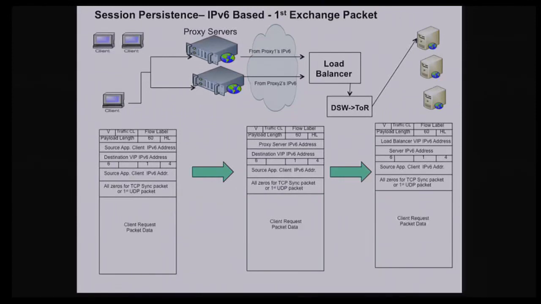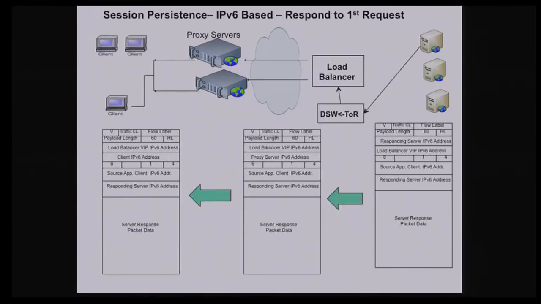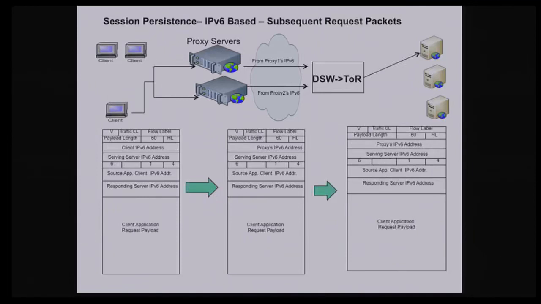So here's a packet from the client to the server. And then the packet returned from the server back to the client. At this point, the client already knows the server's address, so it can send the packet directly to the server, bypassing the load balancer.